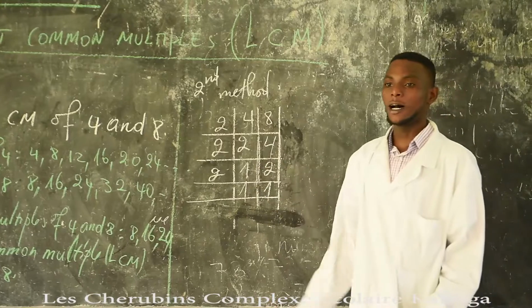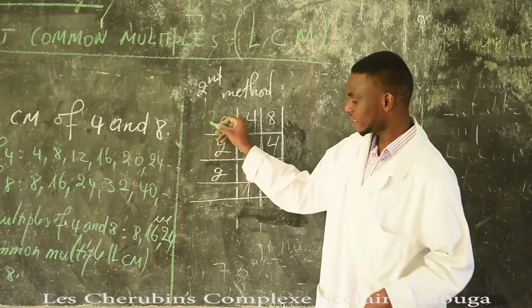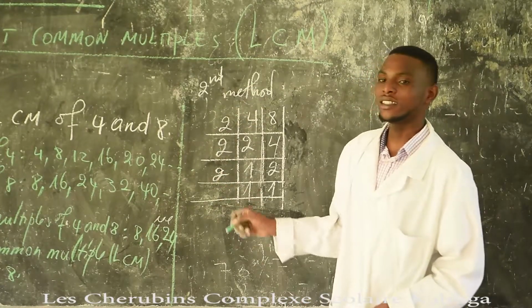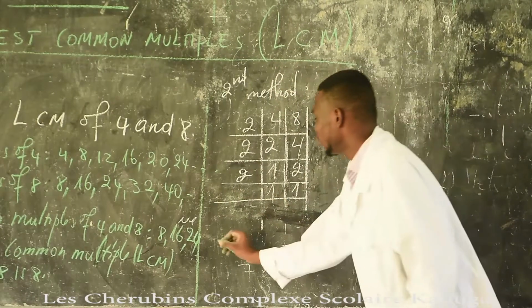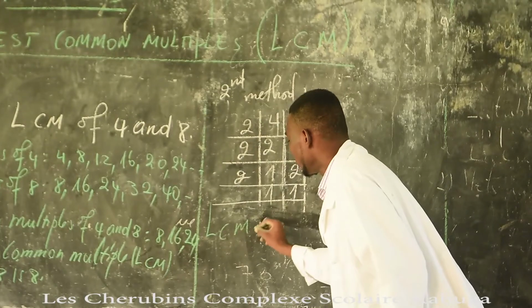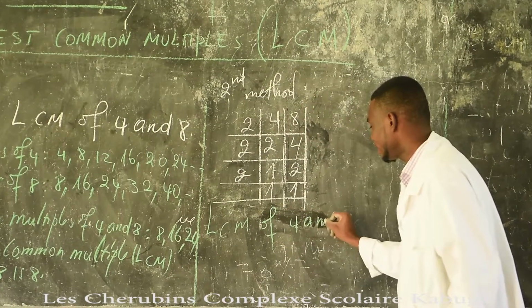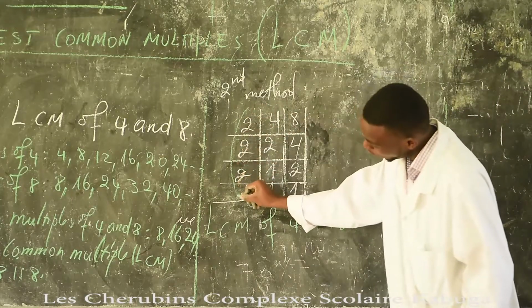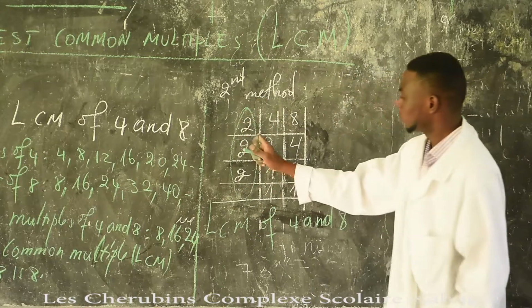Then after, you multiply the factors. You have all the factors you have obtained. So that is the lowest common multiple. Simply to mean, the lowest common multiple of 4 and 8 is equal to the product of all the factors you have put here.